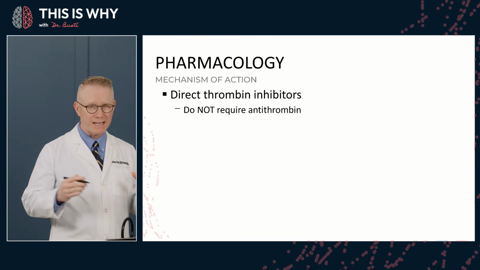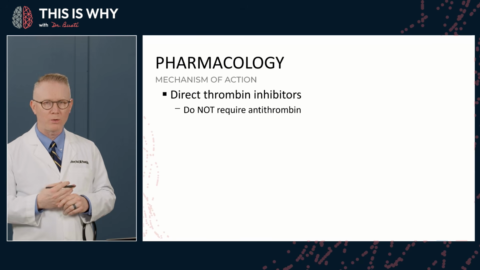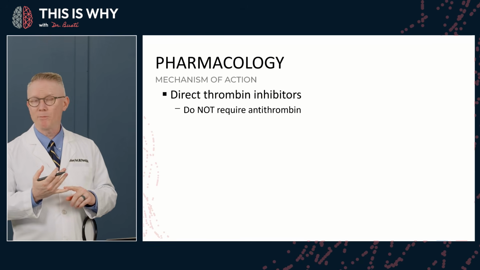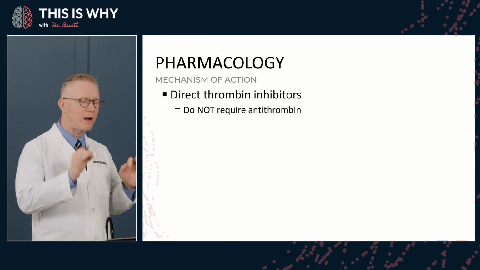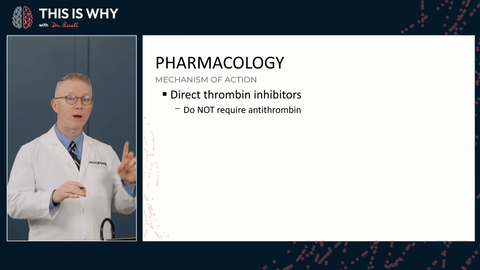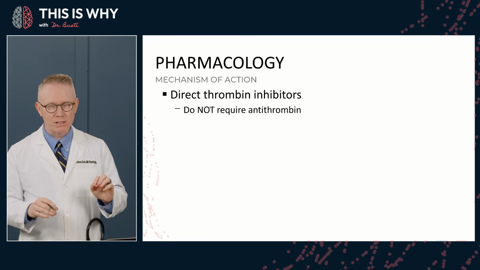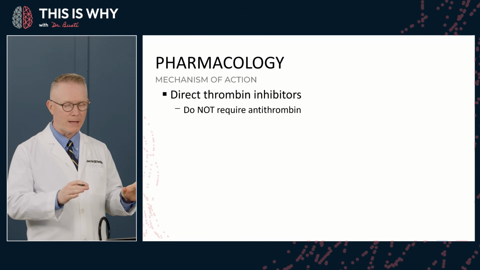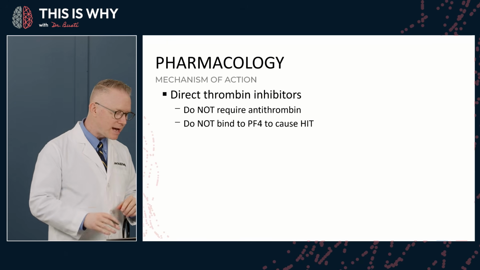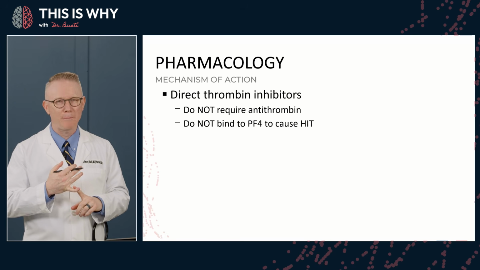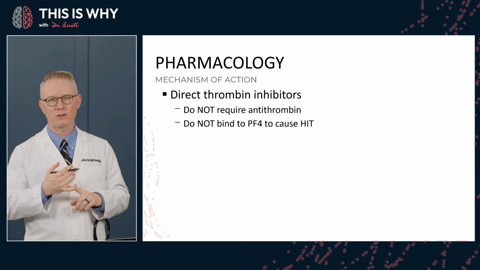Now, I want to summarize here for you, direct thrombin inhibitors mechanistically do not require antithrombin. Remember, heparin, low molecular weight heparin, and fondaparinux do. It's very important. Next is these drugs do not bind to platelet factor 4.